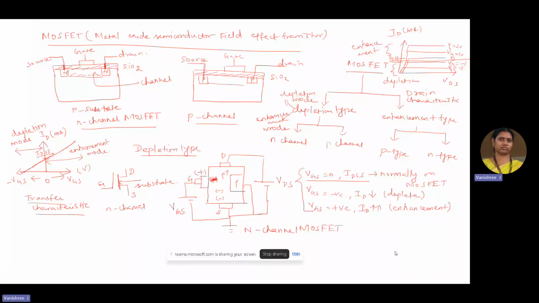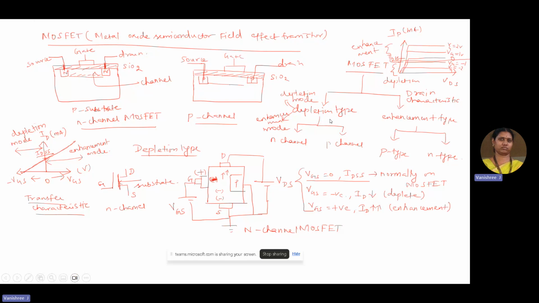We have just discussed the construction of the MOSFET and how it has been named as N-channel MOSFET and P-channel MOSFET. Then we have seen the classification of the MOSFET. So the broad classification is depletion type MOSFET and enhancement type MOSFET.